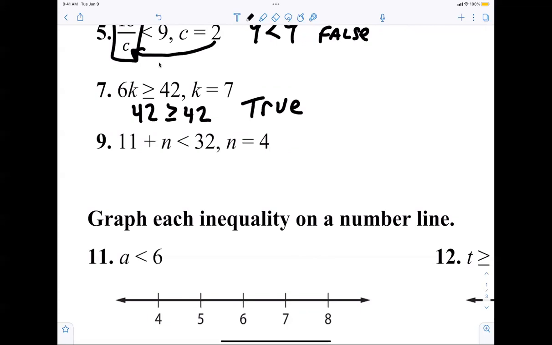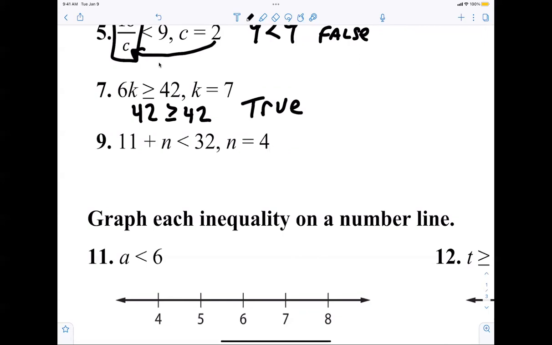So if you did that, a problem that would be equal to could also always be greater than or equal to or less than or equal to. No. But I don't understand how this case can be true, because 6 times 7 is, I know it's greater than or equal to. But it can never possibly be greater than. That's what I'm saying. If K was 8, but K is 7.